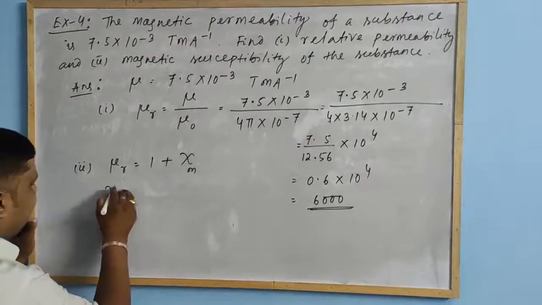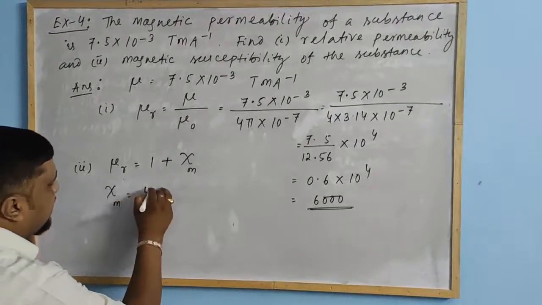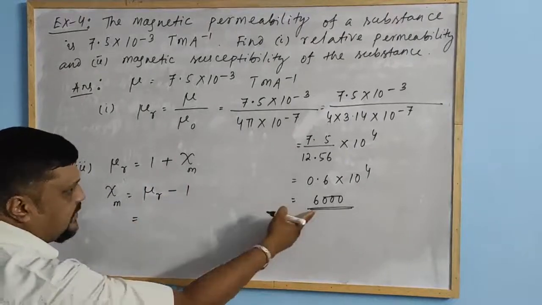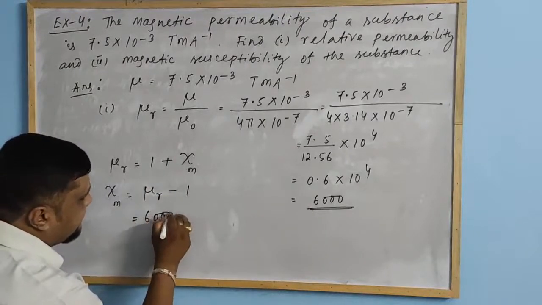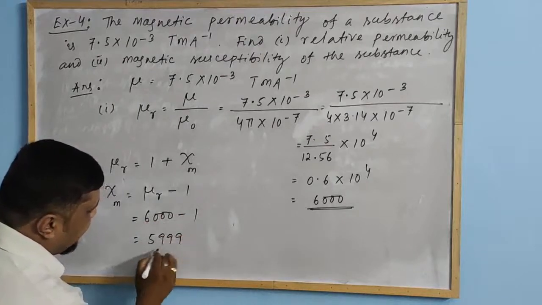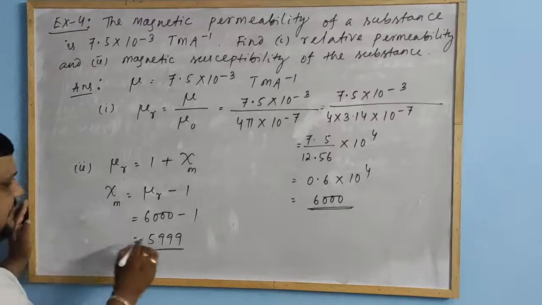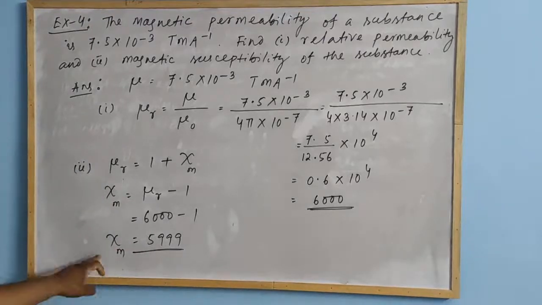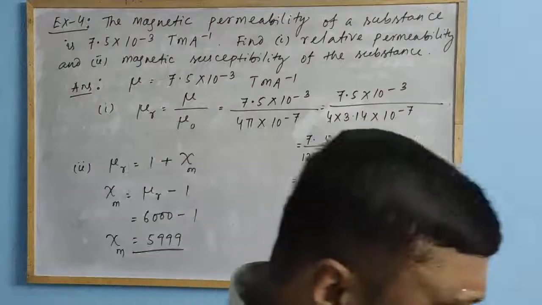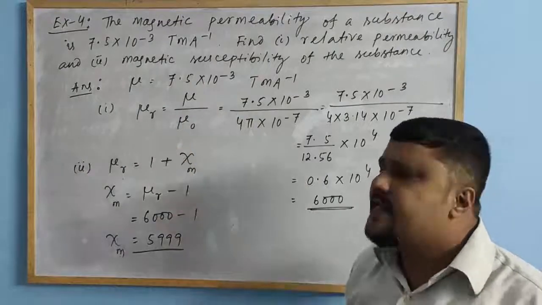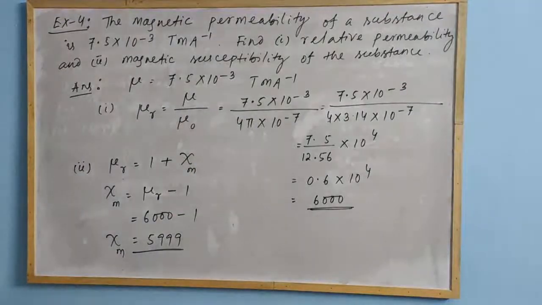So the susceptibility is equal to relative permeability minus 1. 6000 minus 1 is about 5,999. So this is the answer for magnetic susceptibility of the substance. Right? So you remember the formula and put in the direct formula, you will get the answer. Clear?